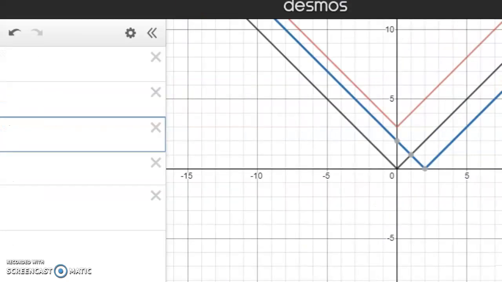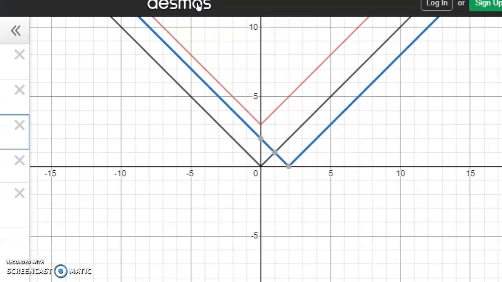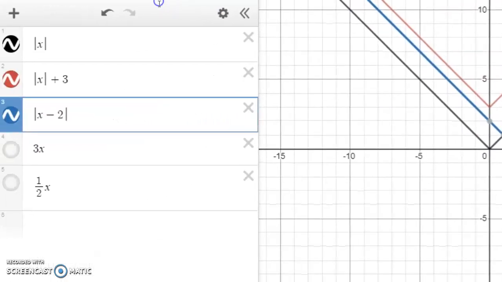But when I was graphing that over there, I start out with the parent, the absolute value of x. I'm going to take that and move it up 3 for the absolute value of x plus 3. And then when it's inside, I move it right 2 for the absolute value of x minus 2.